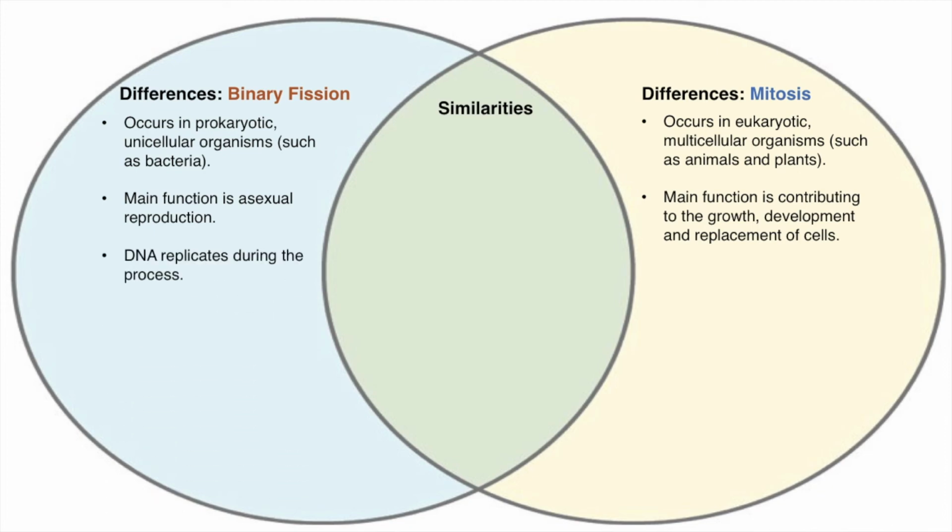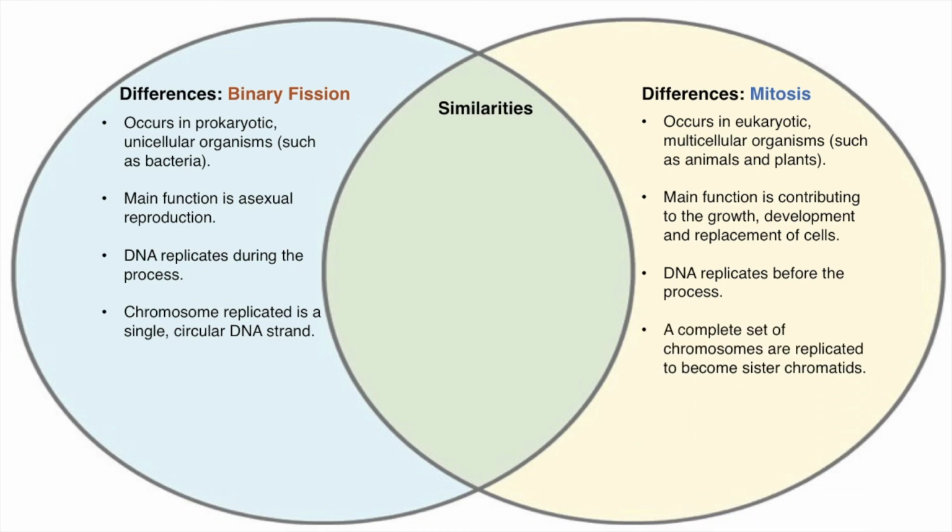In binary fission, DNA replicates during the process, whereas in mitosis, DNA replicates before the process. In binary fission, the chromosome replicated is a single circular DNA strand, whereas in mitosis, a complete set of chromosomes are replicated to become sister chromatids.